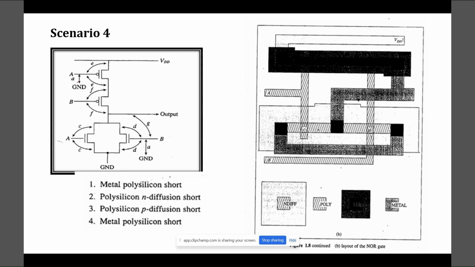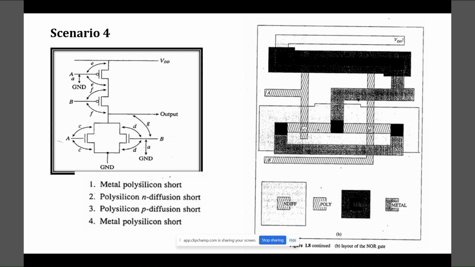The C and D occurring over here are polysilicon N-diffusion shorts, whereas E and F, if you zoom in, appear to be P-diffusion shorts. G, let us assume, is a metal polysilicon short.